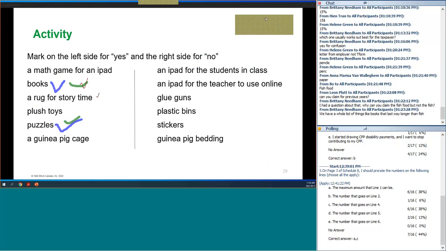So left side means yes, I can claim it. Right side means no, I can't. If it's consumable, it's going to be yes. If it's on the specific list of prescribed goods, it's going to be yes. Otherwise, it's going to be no. Okay. And if you've taken the course from me before, you're going to notice I have updated my list to factor in some of the new things, just to get you thinking about it.